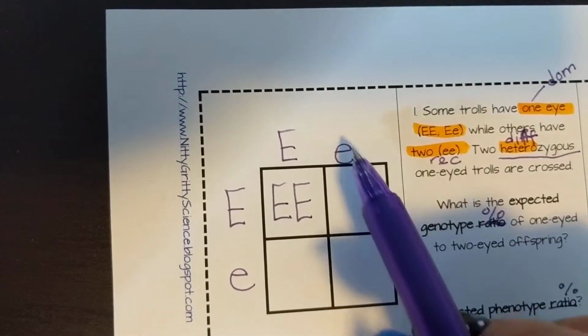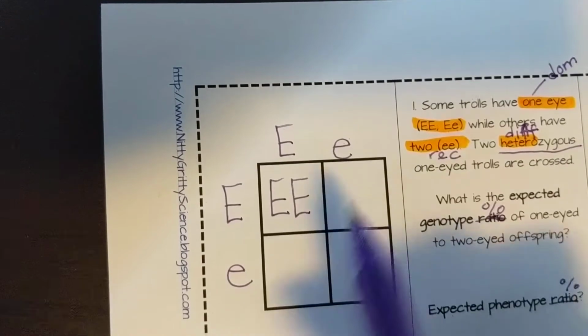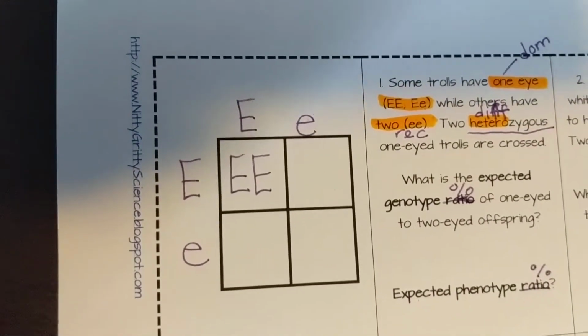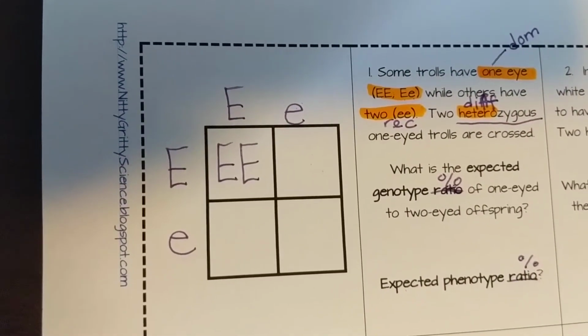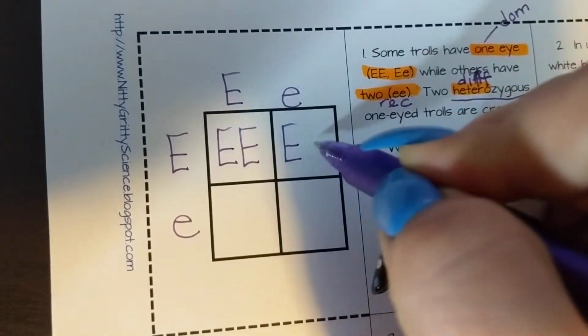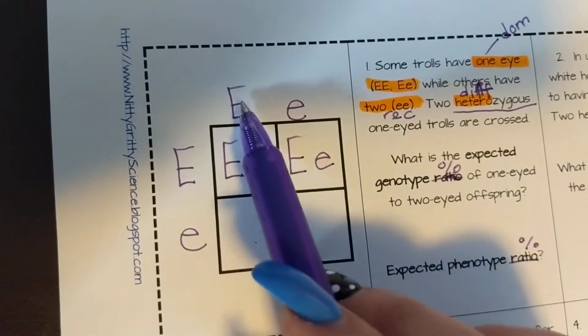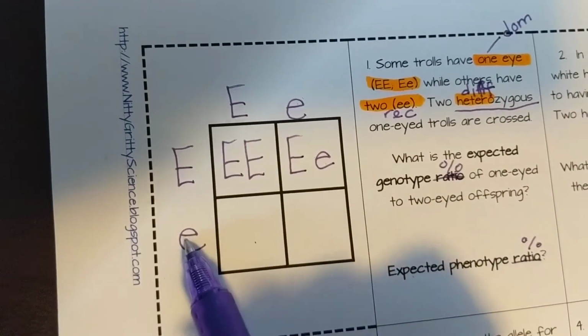Moving to the next square, I have a lowercase e and a capital E. One thing to remember is that any capital letters will always go first. So I will have a capital E and a lowercase e. Moving to the bottom square, I'll bring down this capital E and over this lowercase e.